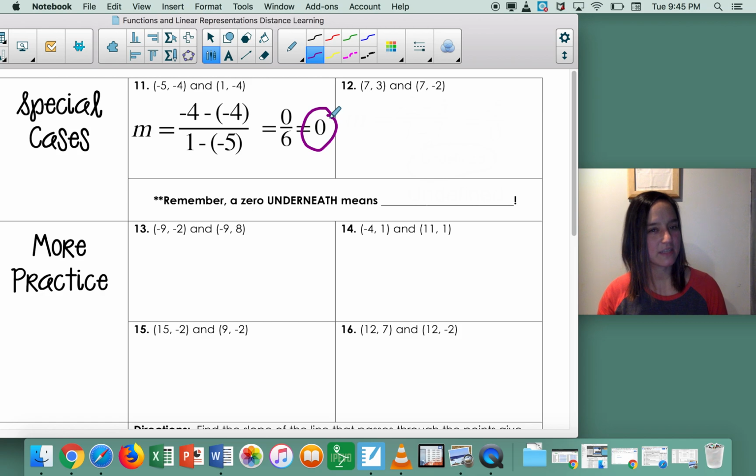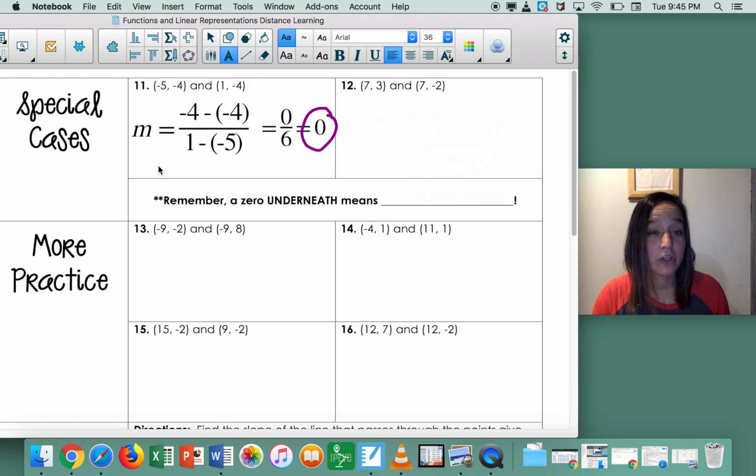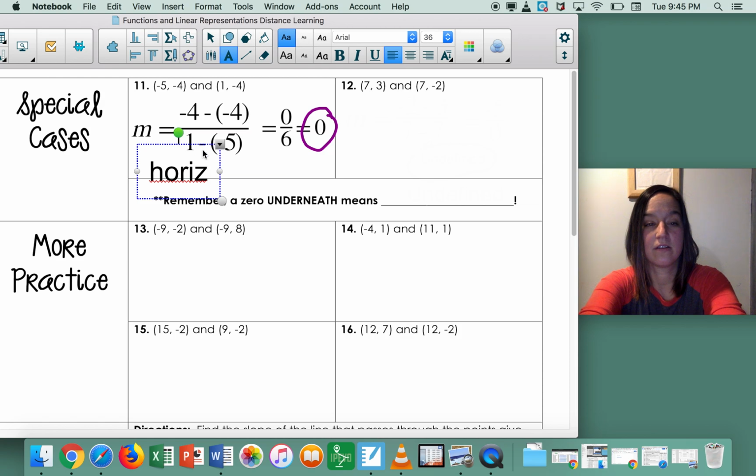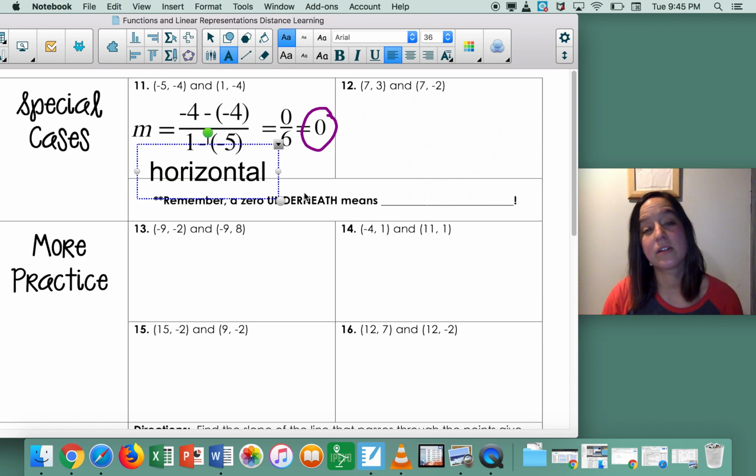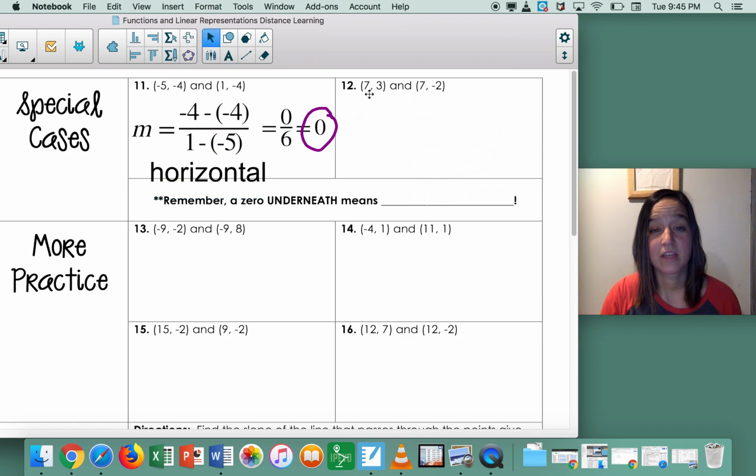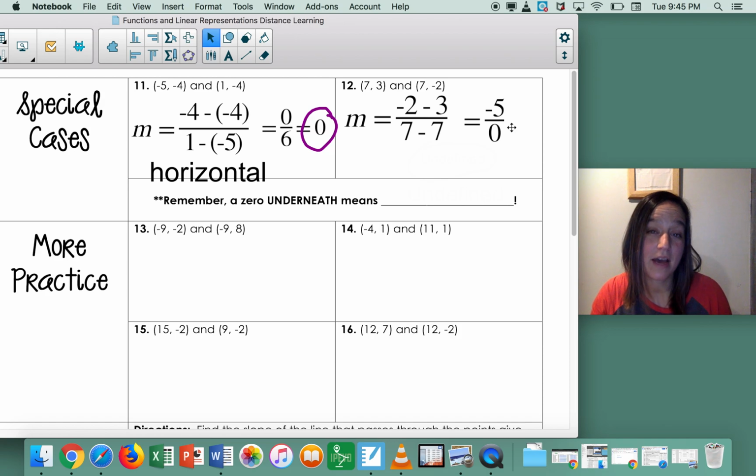If I have a 0 slope, what kind of line is it? If I have a 0 slope, my line is going to be horizontal. Okay. This one is another special case because when I fill it out, I end up with a 0 on bottom.